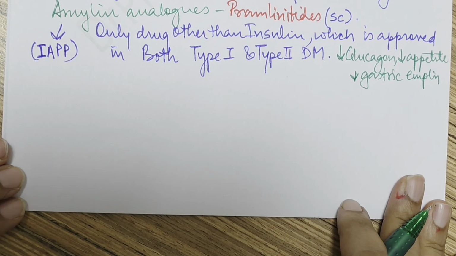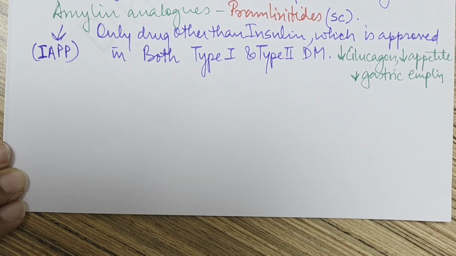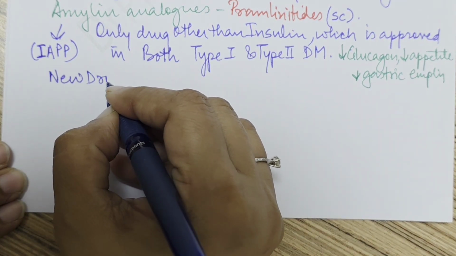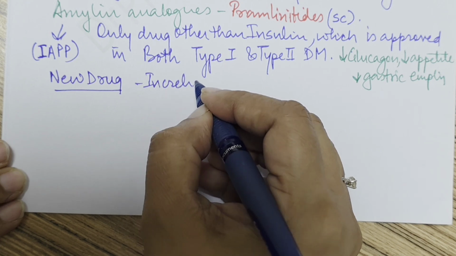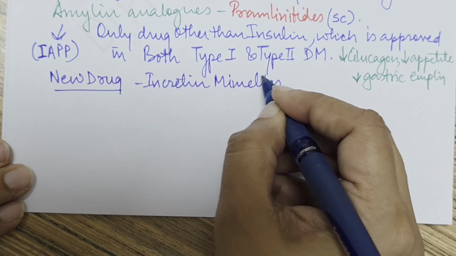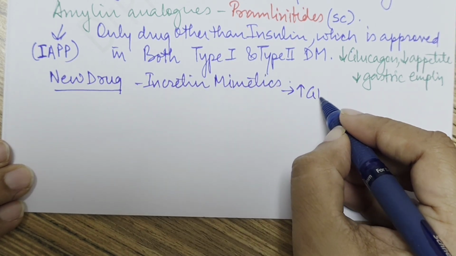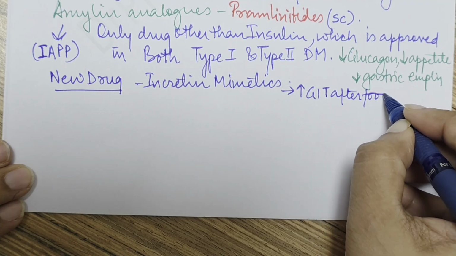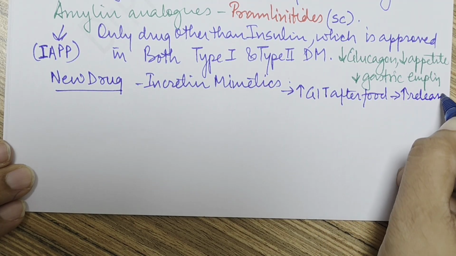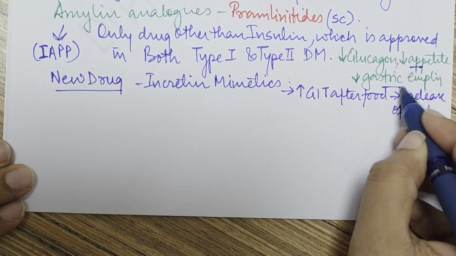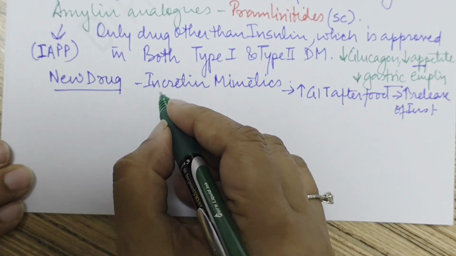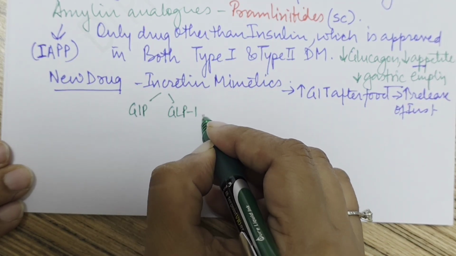Okay? अब आगे बढ़ते हैं new drugs. So in this new drugs में we usually study the incretin mimetics. Now incretins are substances which are secreted in the GIT after food, and they cause increased release of insulin, plus they also reduce the appetite and they also reduce the gastric emptying. Now we have two types of incretins, GIP and GLP-1, right?